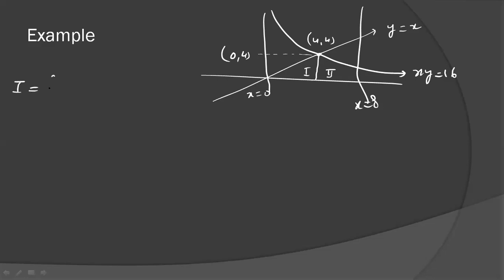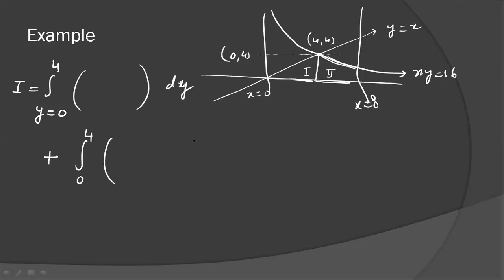So for the integration, if you take y as a constant, then you have y from 0 to 4 in the first part. Y is 0 here and y is 4 here. And we will take limit of x later. Plus, in the second part also y is from 0 to 4, because the highest limit of y is 4 only. Now see the limit of x.